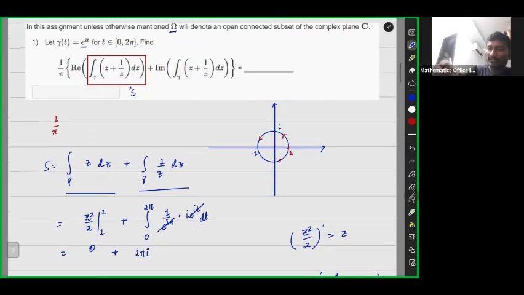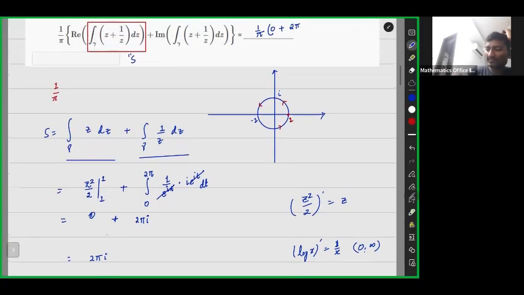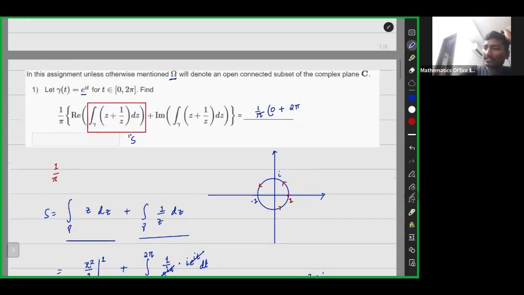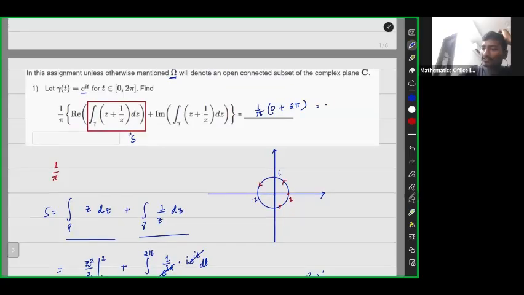So now we want to calculate 1 upon pi times the real part of S, which is just 0, plus the imaginary part of S, which is 2 pi, as you see from here. Now we calculate it. It's just 2.